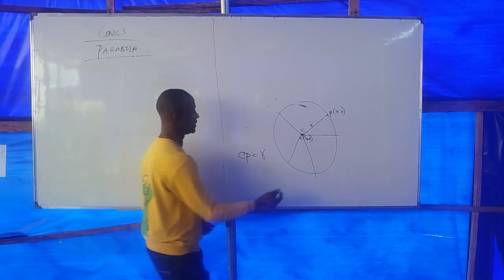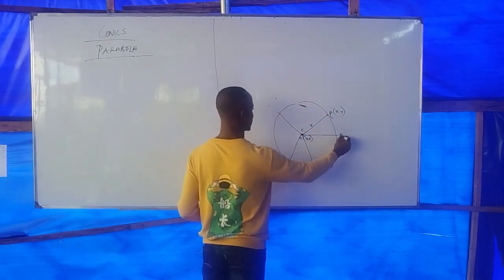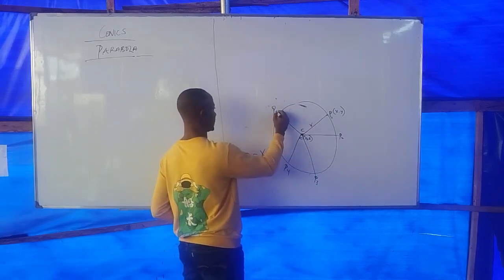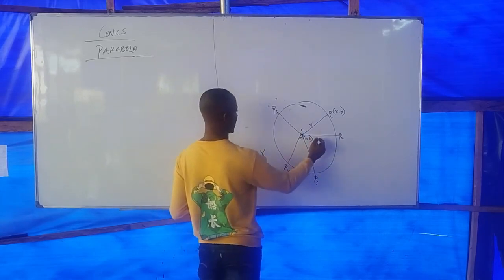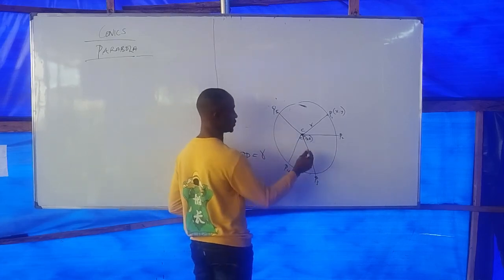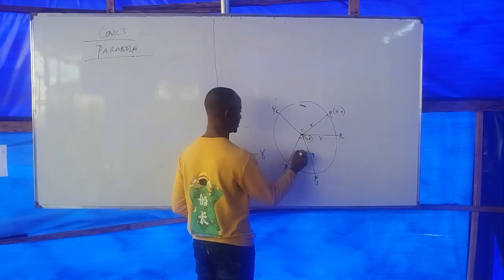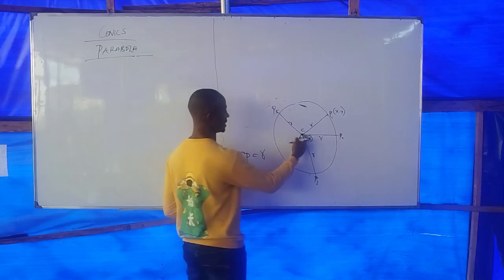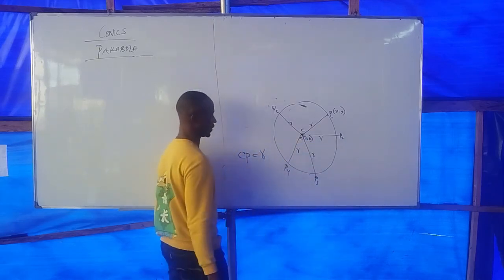So if we have here locus 1, locus 2, locus 3, locus 4, locus 5, that implies that every distance from the center to each locus is equal to R, right? Because this is what defines a circle. So from the center to the locus are in equidistance.